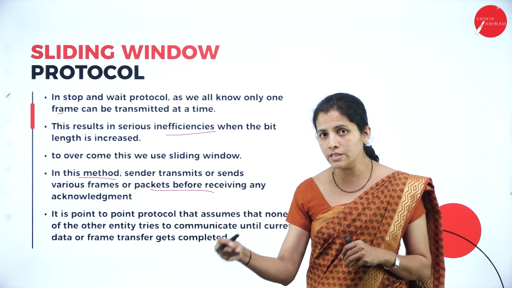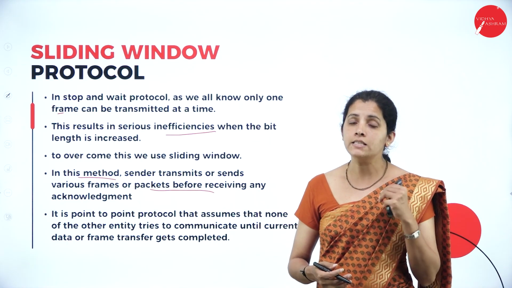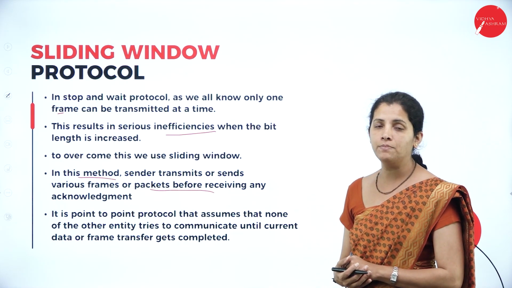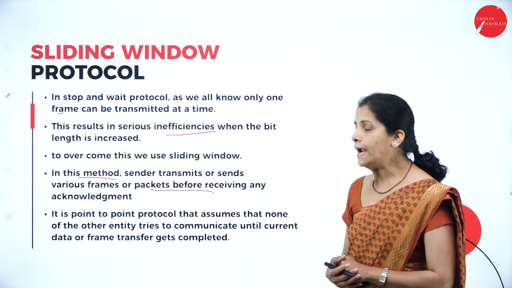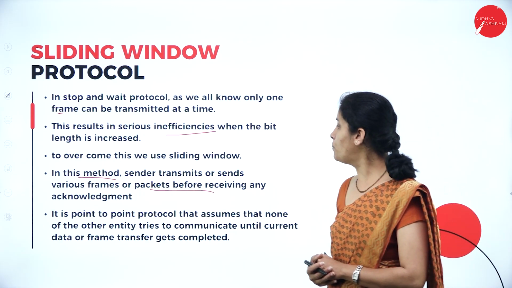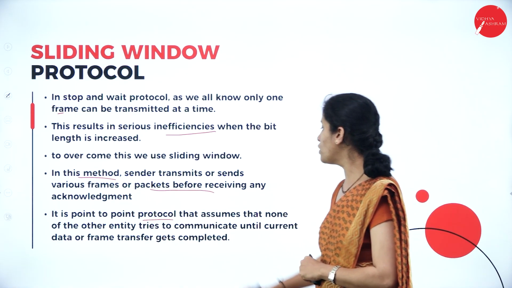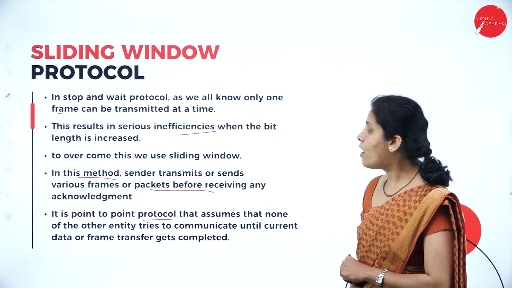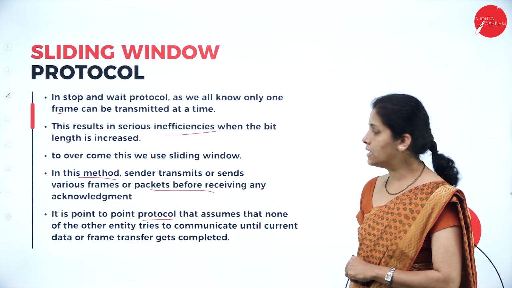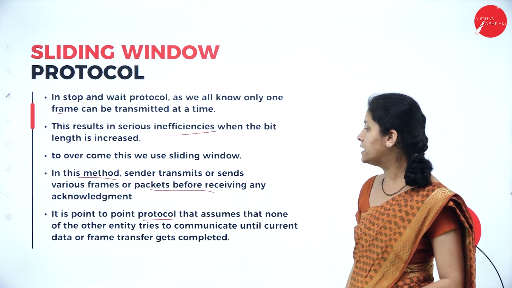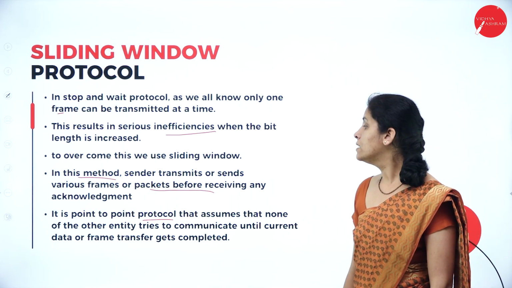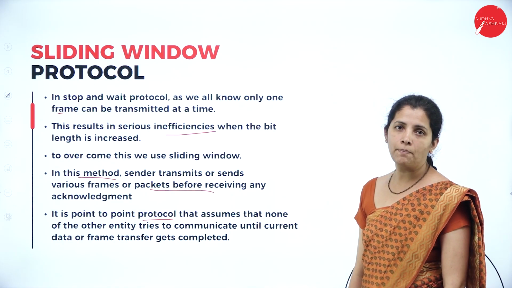Before receiving any acknowledgement, the sender can send multiple frames at a time. This is a two-point protocol that assumes that no other entity tries to communicate until the current data or frame transfer gets completed.